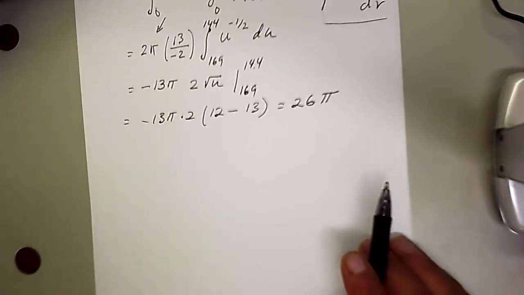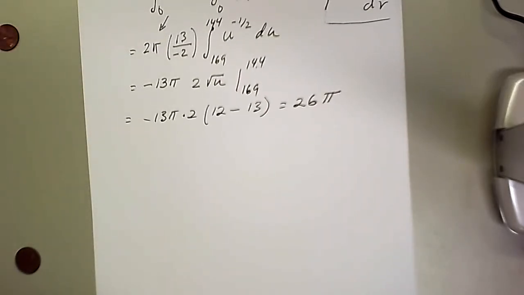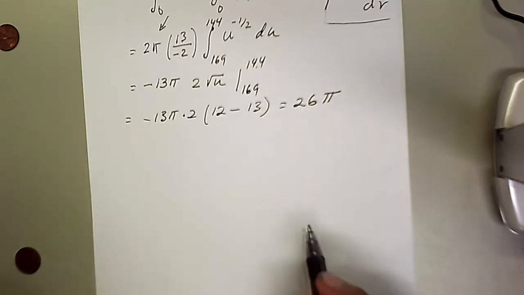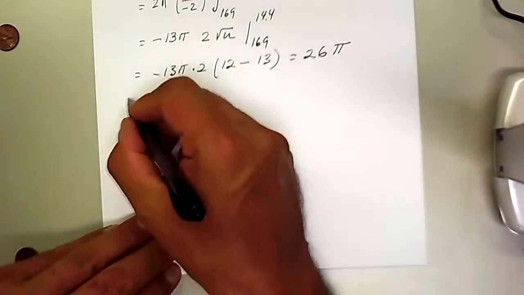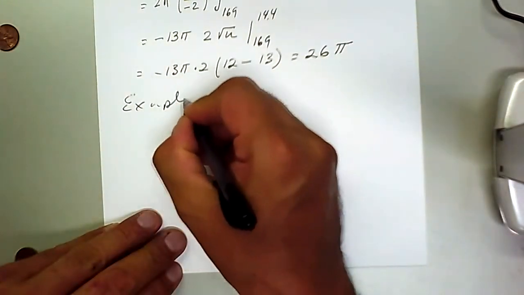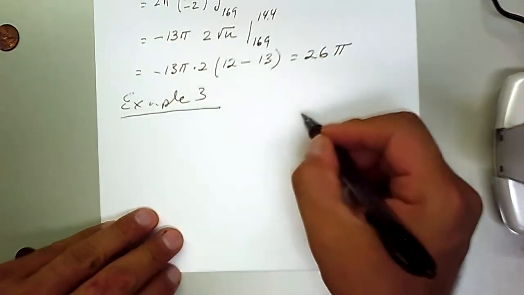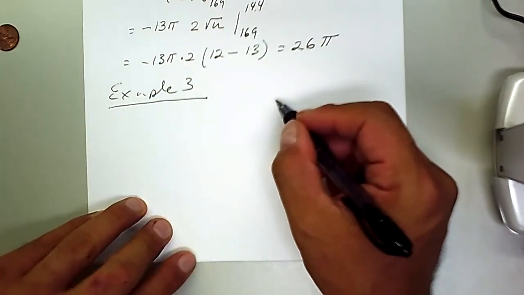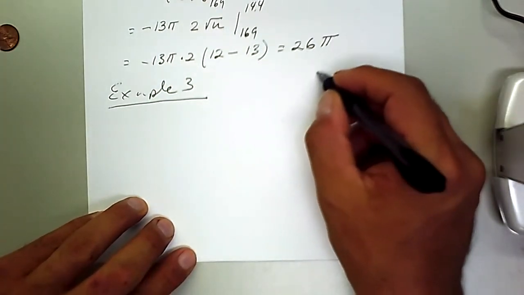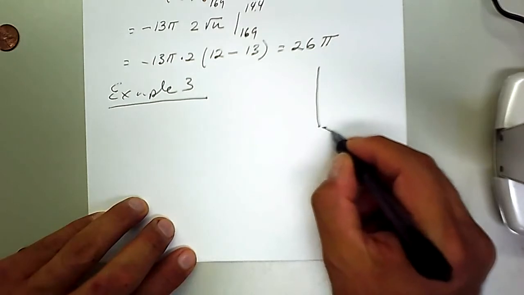There's one more example I should point out. Maybe I don't want to necessarily finish the example. So example 3. I'm just going to get you started, but you should finish it.